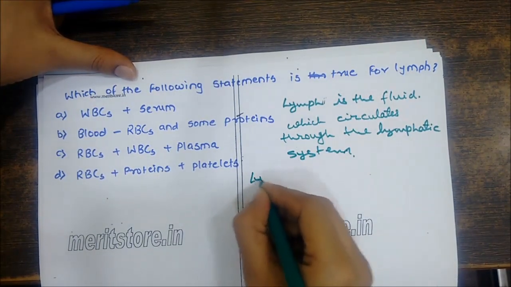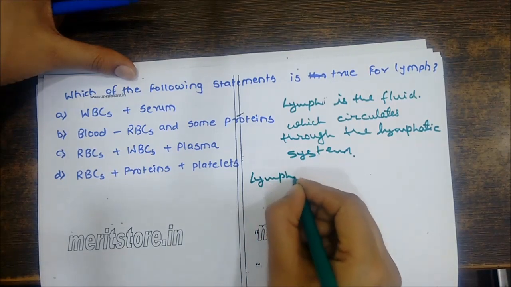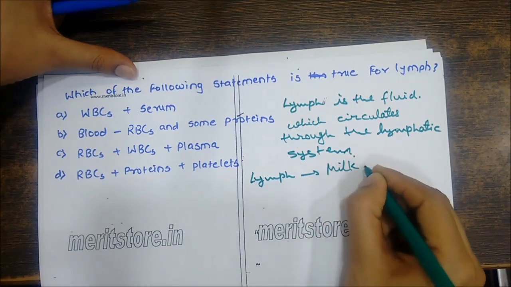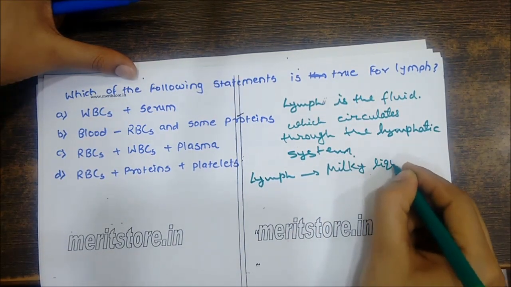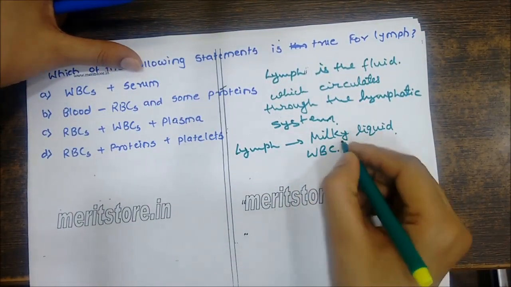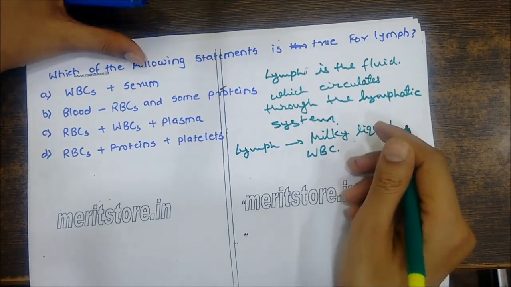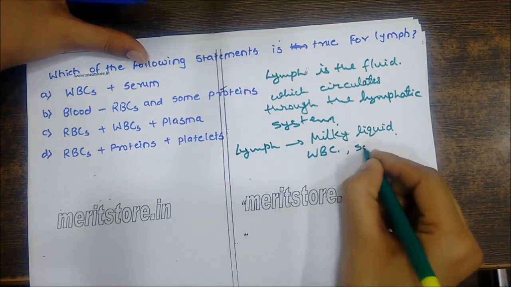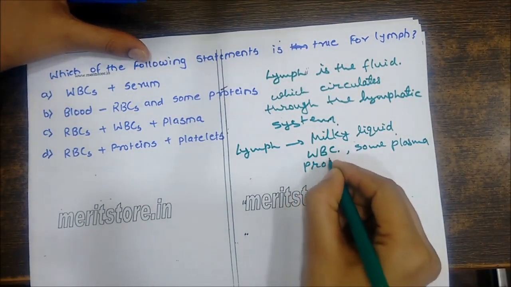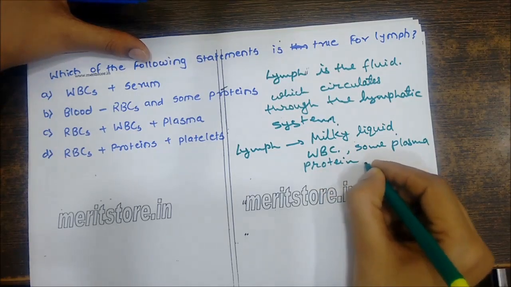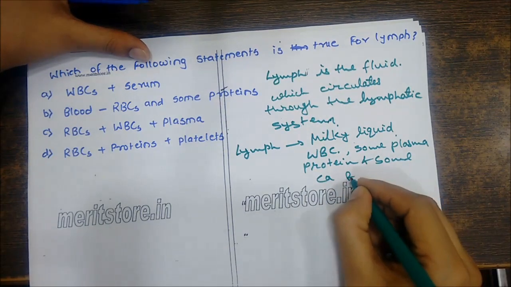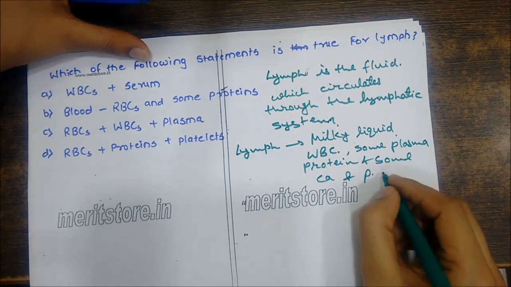The lymph is a milky liquid which contains WBC and some plasma protein and some calcium, iron, and phosphorus also present there.